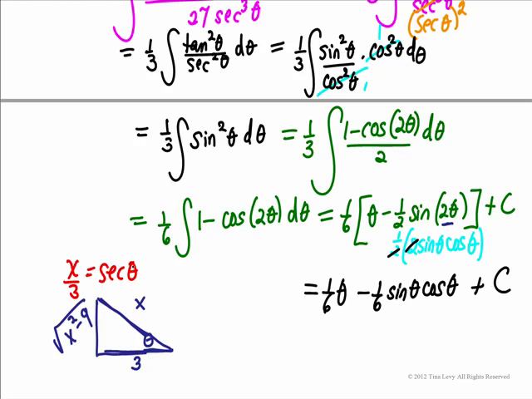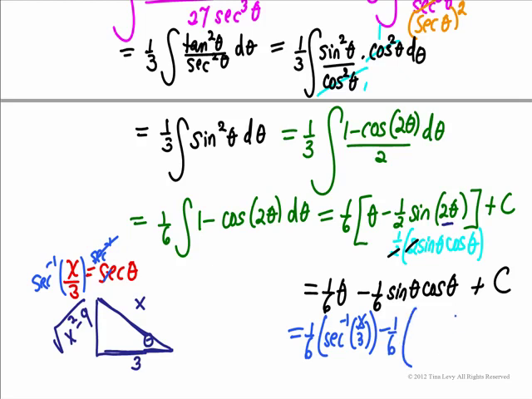For this one, to get theta, I need inverse secant of both sides, because that will undo that. So right here I have 1/6 inverse secant x over 3 minus 1/6, and now I'm going to put the sine and I'm going to put the cosine.